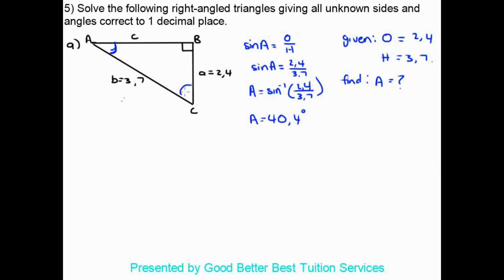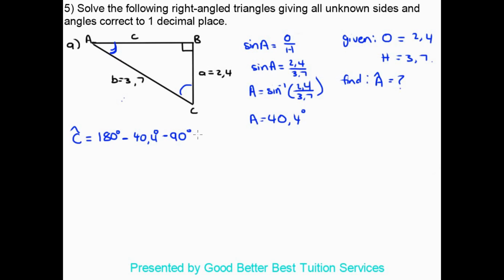Then next up what we can look at finding is this other angle over here, sorry, so this angle C. If we're trying to find angle C, remember you always indicate that angle like that. Let me just also put that there. So angle C is going to be equal to 180 degrees minus the 40.4 degrees that we just did, minus 90 degrees. Okay, cool.